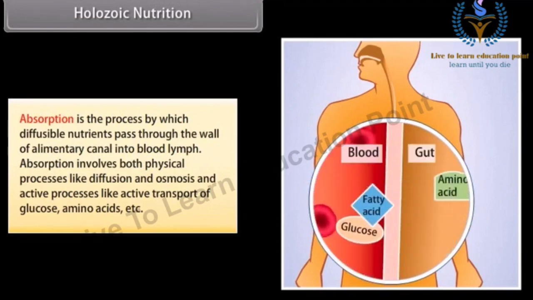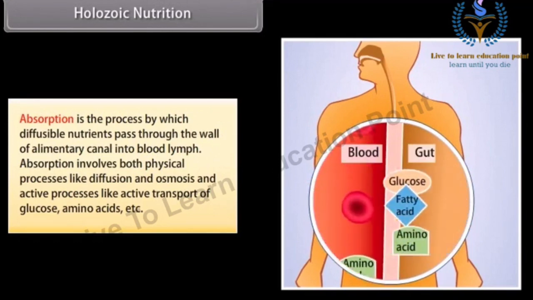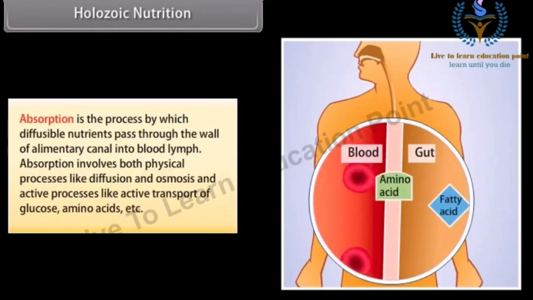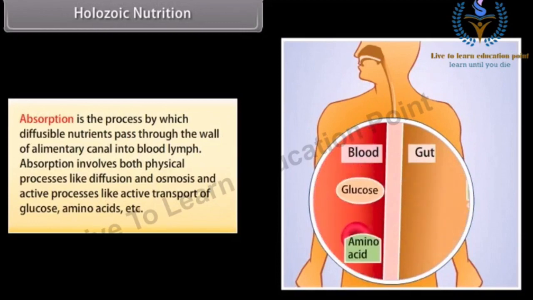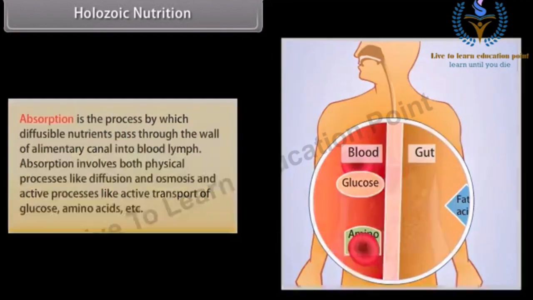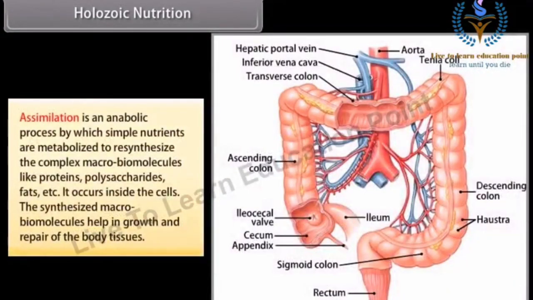Absorption involves both physical processes like diffusion and osmosis and active processes like active transport of glucose, amino acids, etc. Assimilation is an anabolic process by which simple nutrients are metabolized to resynthesize the complex macrobiomolecules like proteins, polysaccharides, fats, etc. It occurs inside the cells. The synthesized macrobiomolecules help in growth and repair of the body tissues.